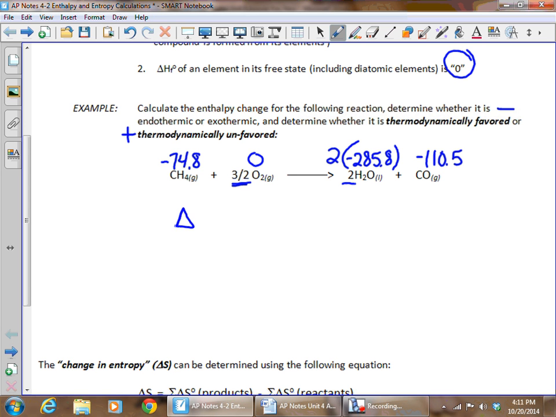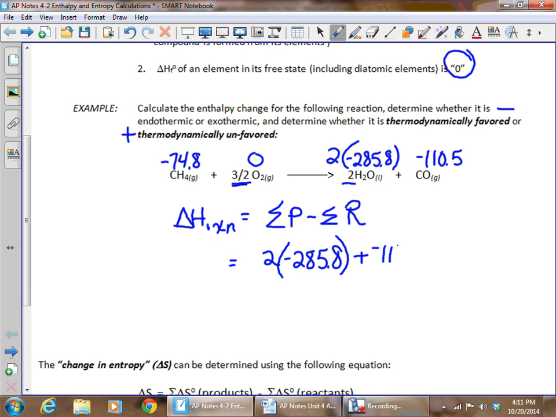So the heat of reaction, I usually abbreviate this and simply say sum of products minus the sum of the reactants. That's going to be 2 times the negative 285.8 plus our negative 110.5. There's our products. I'll make those brackets to keep it separated.